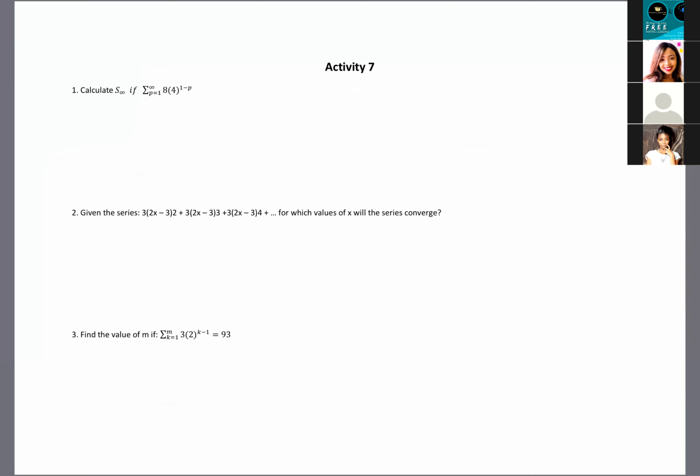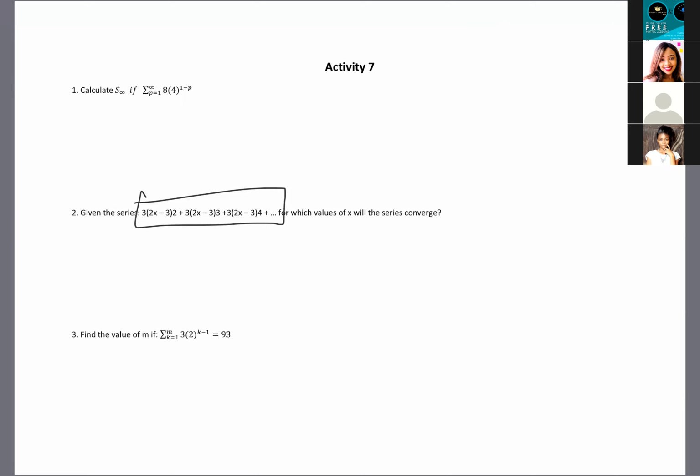Okay, let's do number 2 quickly. Number 2 says, given the series 3 multiplied by 2x minus 3, given this series, you see it? And it says, for which values of x will the series converge? Now, what did I say about series converging?